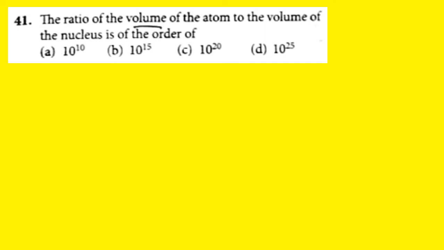So the radius of the atom is given as 1 angstrom. Already we have seen this conversion, you should know. So which is nothing but 10 power minus 10 meter.